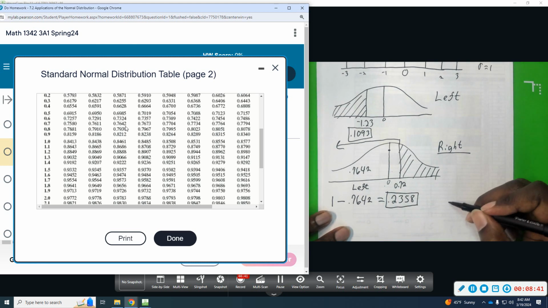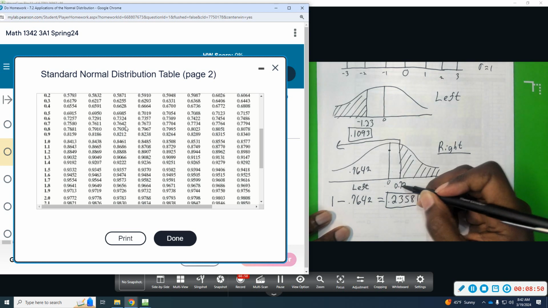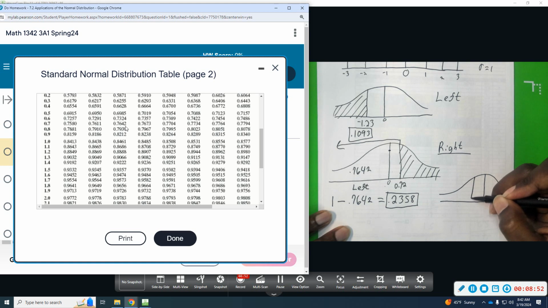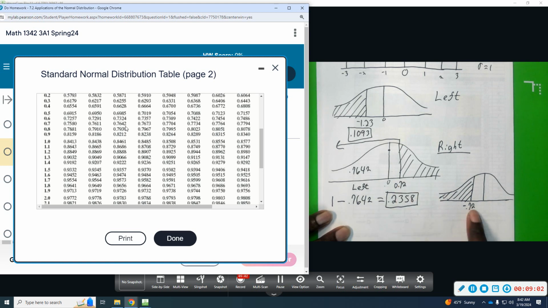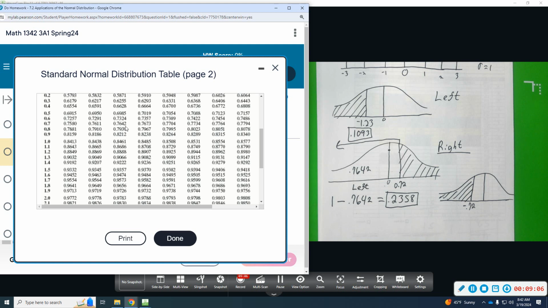So what that means is I could look up negative, the opposite of that, which would be negative 0.72, and the area to the left, this is like a mirror image, the area to the left of the opposite is going to be equal to the area to the right. So if I was to look up negative 0.72, it should give me the same thing.